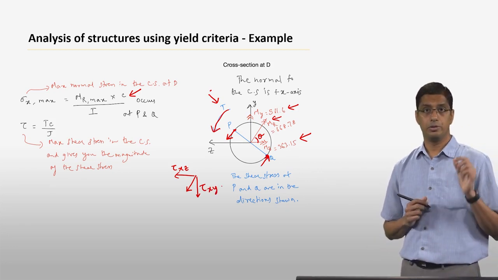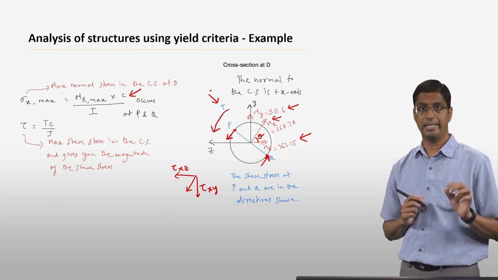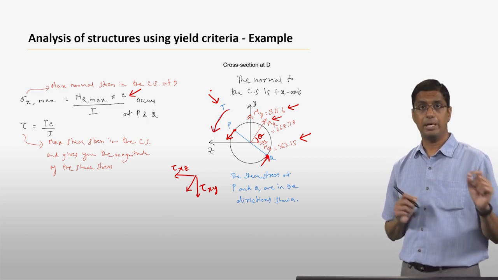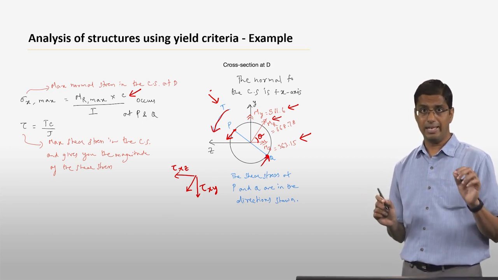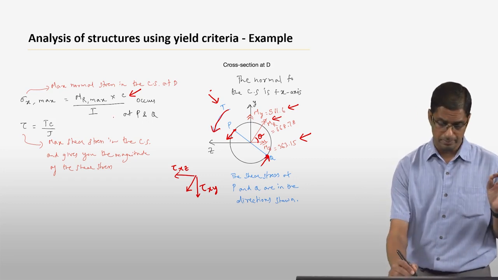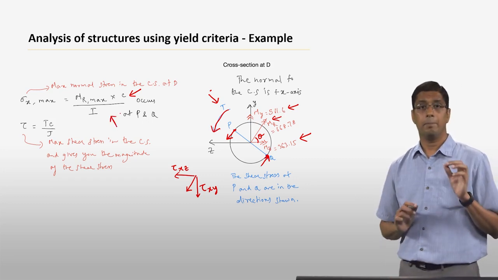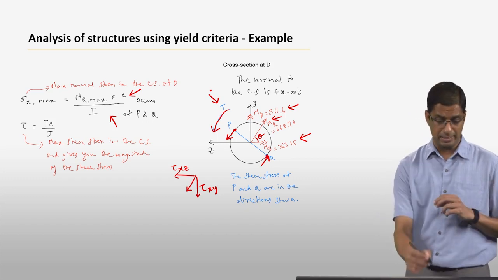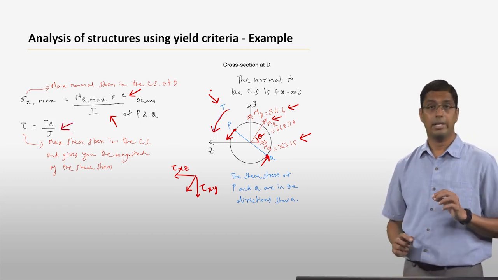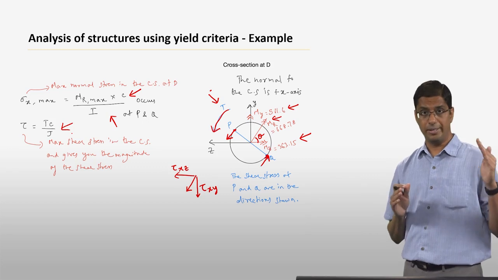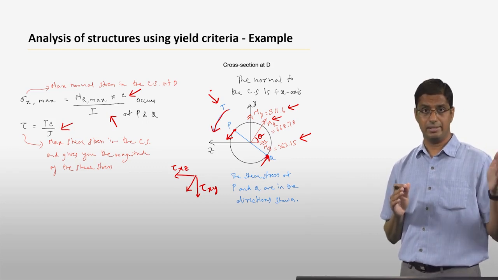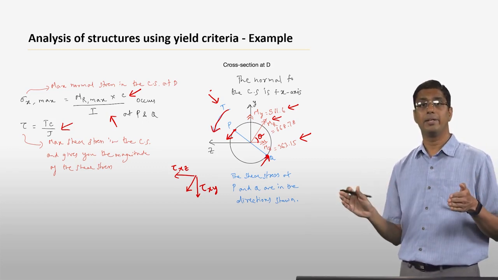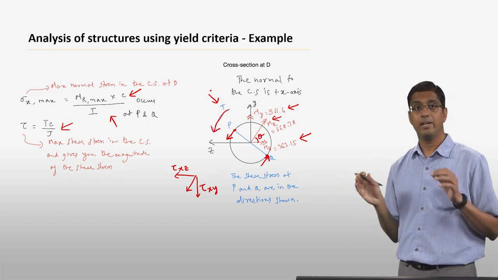That is something that I want you to really make note of. At point P and Q, sigma x is given by this value, but the tau is not automatically given by this formula. There is going to be a component along the z direction, that is tau xz, and there is a component along the y direction, that is tau xy.